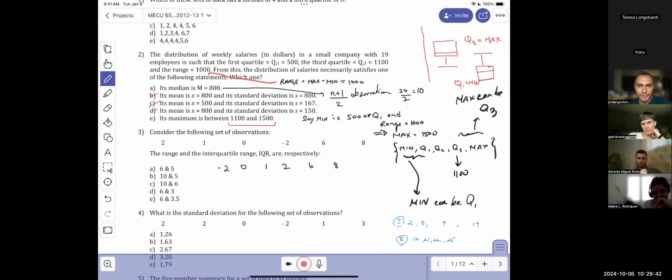So the range is equal to the max minus the min, which is 8. Be careful, minus -2, right? Because it's further away. It's even 2 more away from 0. So that's 10. So that lowers you to B and C.